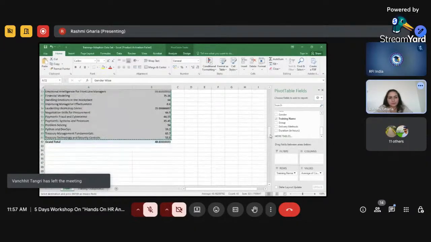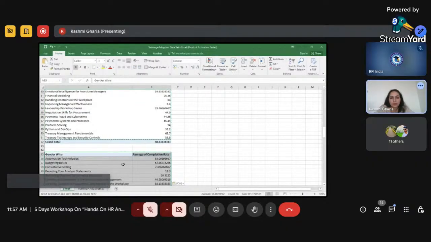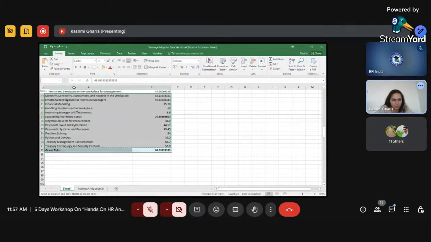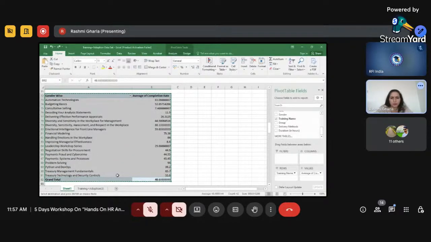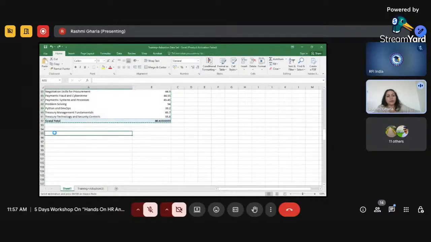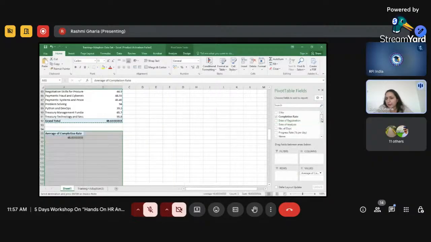Now we are moving to the next. Just a minute, I need to select the table. Now we will see the delivery method-wise adoption rate. What we are doing is identifying the trend in the data.